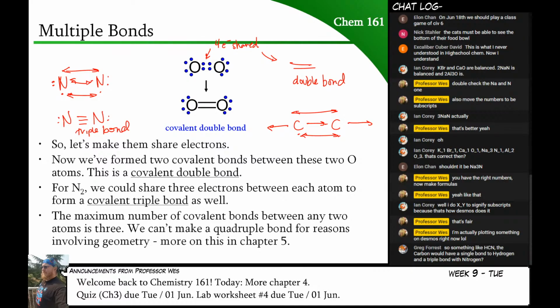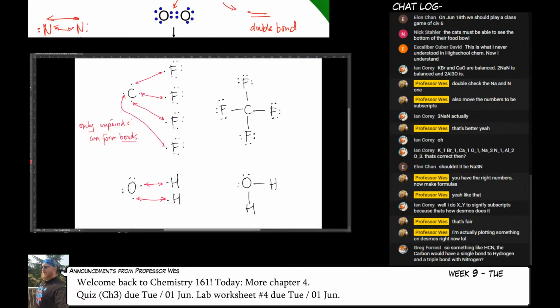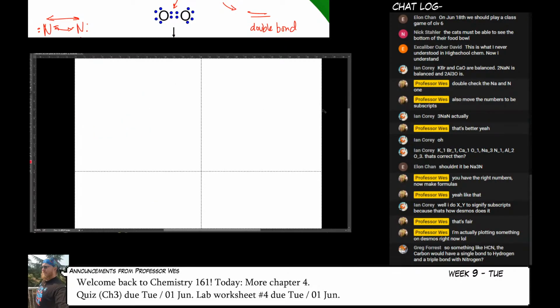Now, the possibility of multiple bonds makes our connect the dots idea rather cumbersome. So if I'm going back to, say, this diagram, and I say, okay, I want you to do this strategy, but what I want you to do it for is carbonate.